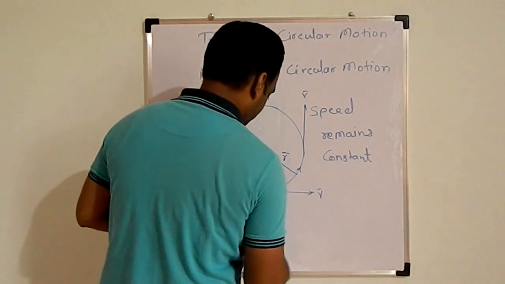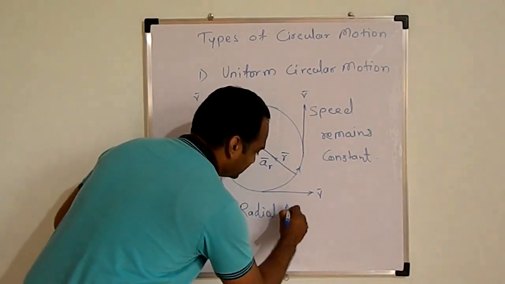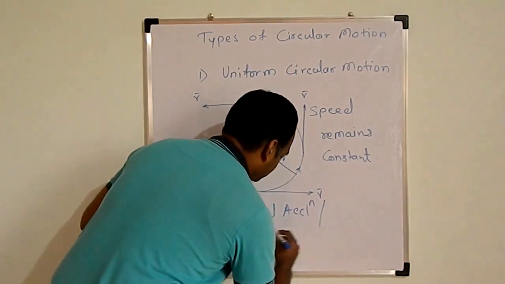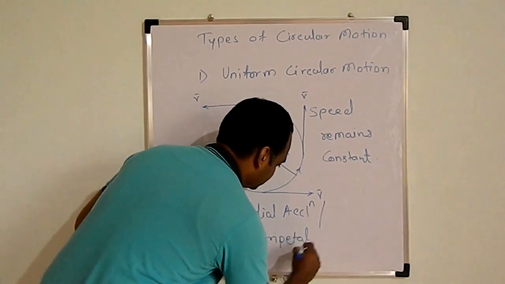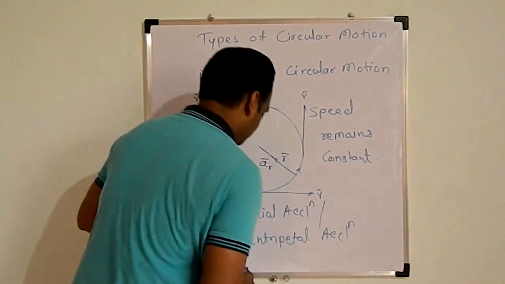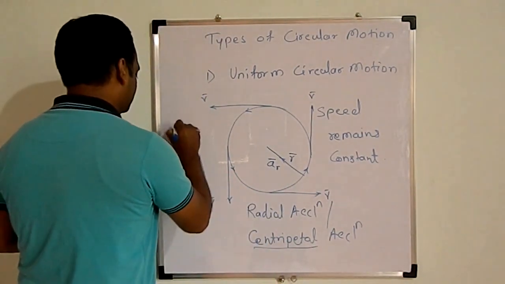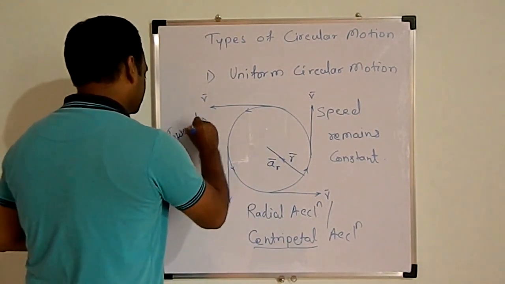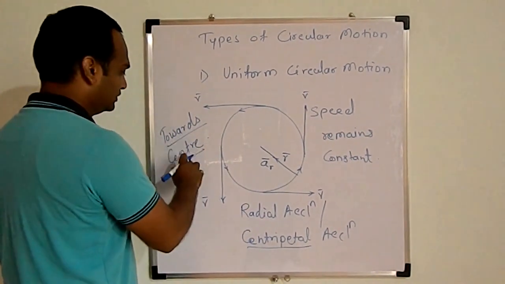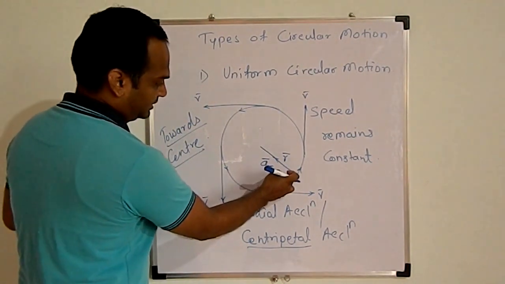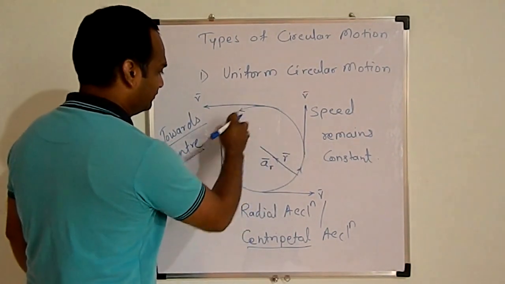This acceleration is called radial acceleration or centripetal acceleration. Centripetal means towards the center. The radial acceleration always acts towards the center of the path of motion.